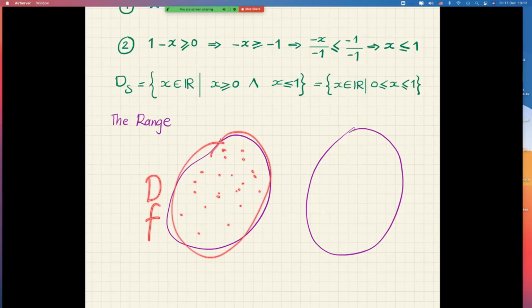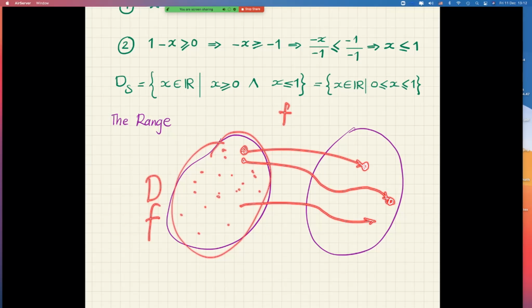Then I start applying my function, let us call it f. I apply my function on this point. It takes me to another point here. I highlight this point. I do this for the next point, and it takes me here. I highlight that point. I do this for this one, and it will take me to another point. And I need to be patient to do this process, not only for a few of them, for all of them.